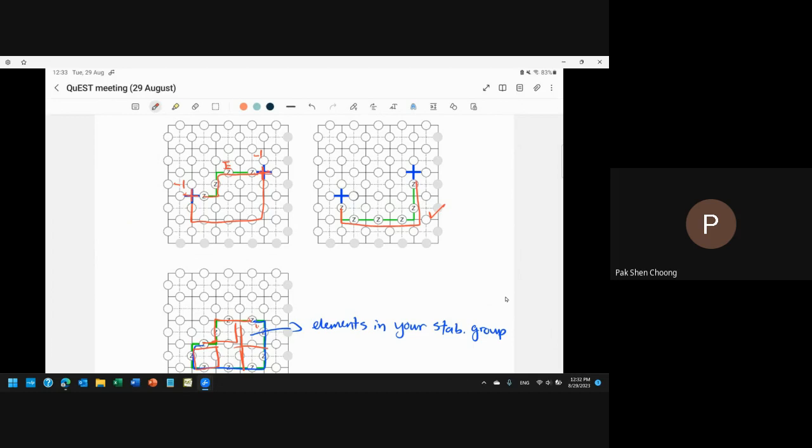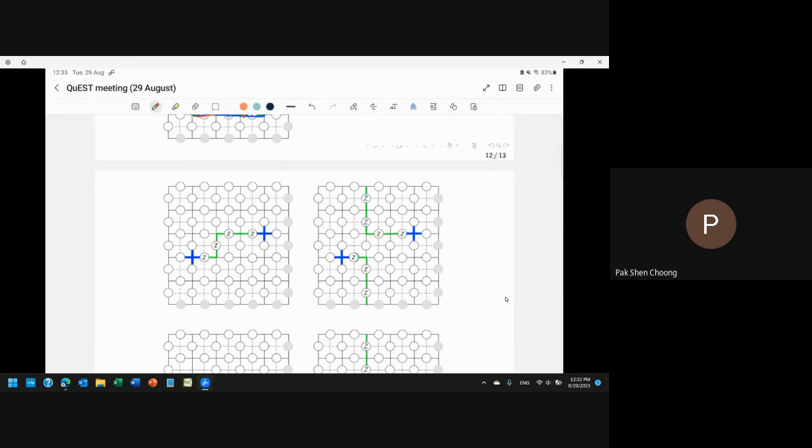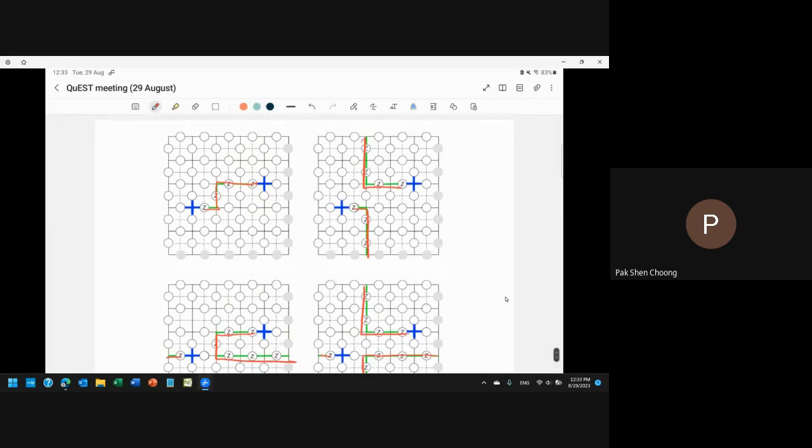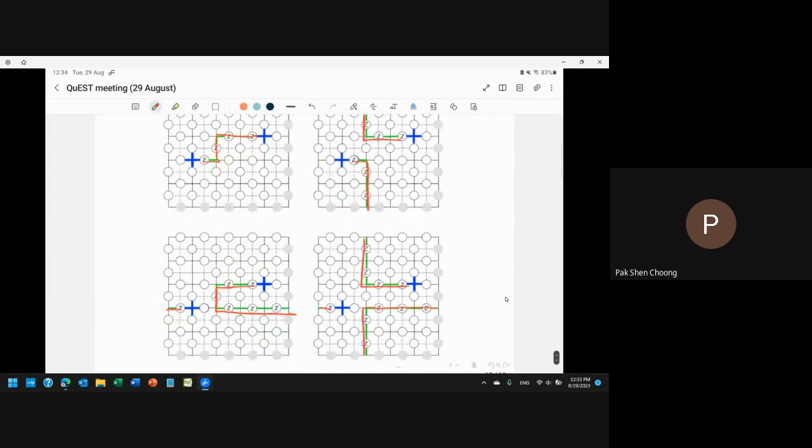But we need to be slightly careful, because if this is your error, you can involve your X and your Z encoded logical operations in such a way that you can do this, or you can do this, or you can do something like this. So they are all equivalent in the sense that you fix the error, but you fix the wrong errors.